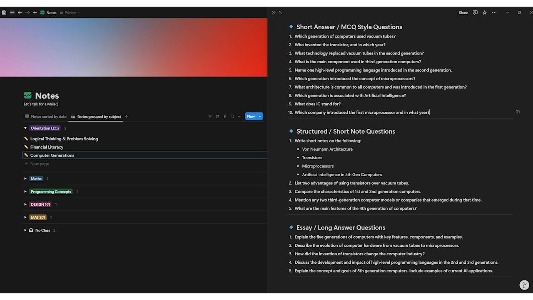I don't have to take notes. I'm just doing the podcast about computer generations. Write short notes on the following. Von Neumann architecture is the structure of the computer.